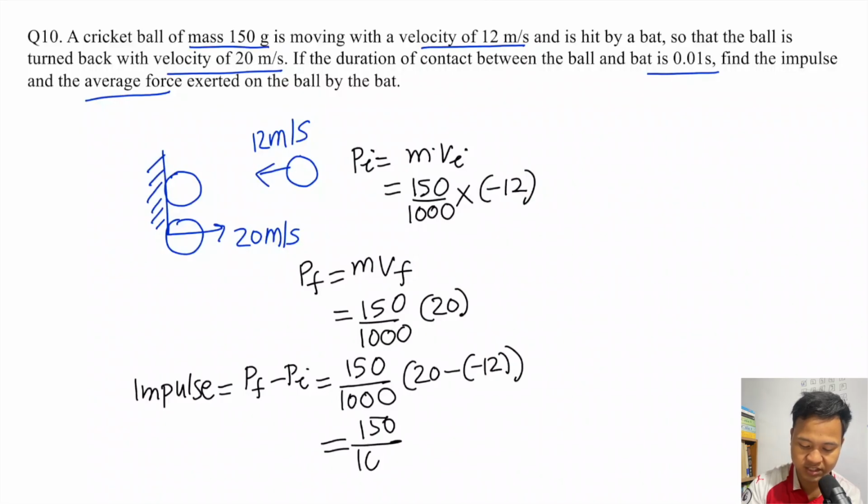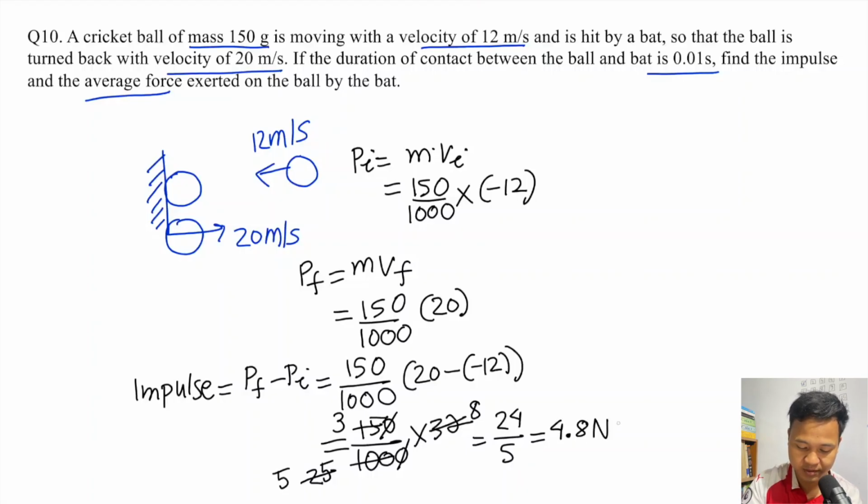So 150 divided by 1000 into 32; the 0 gets cancelled out. 15 into 32 divided by 100 gives 4.8. So impulse is 4.8 newton second.